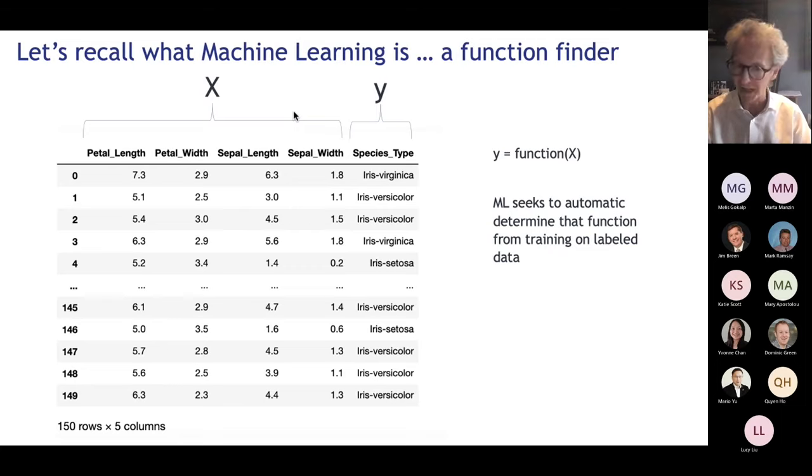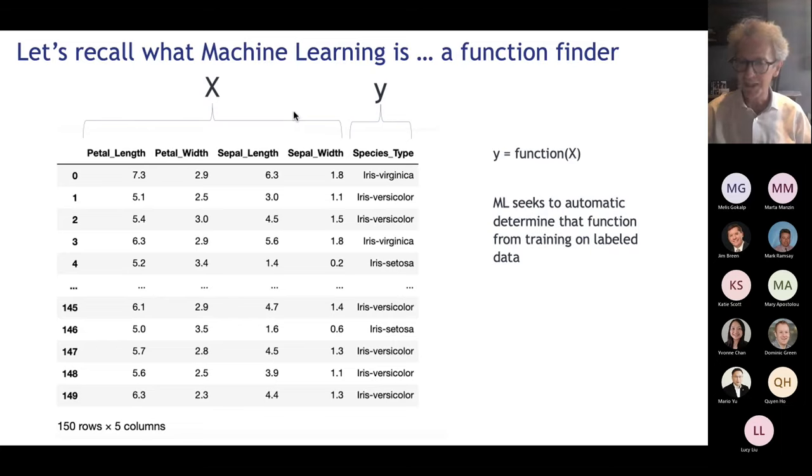This is the data set of flowers, and you have 4 features of each flower. And then you have the species of that flower, and machine learning essentially is used to train the function that takes those features and then identifies the flower. So that's one way to think about machine learning as a function finder.